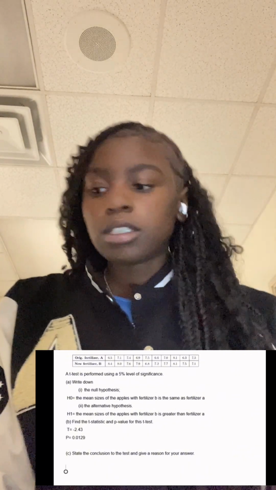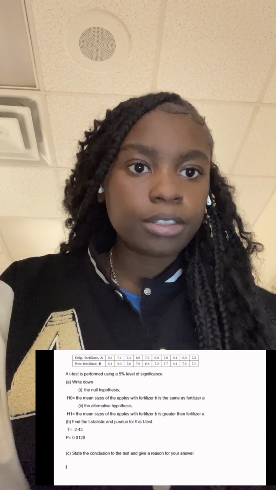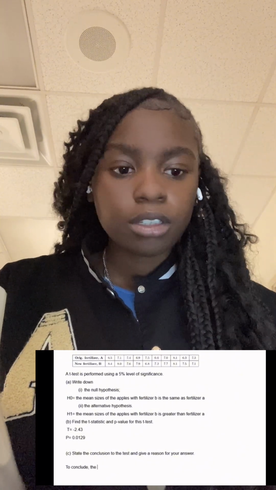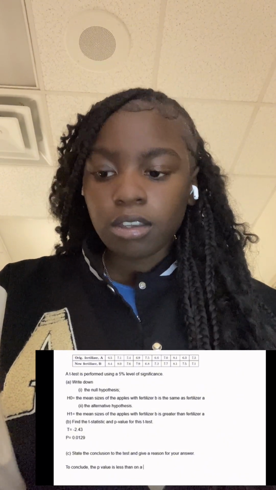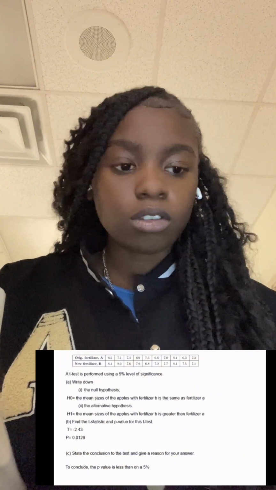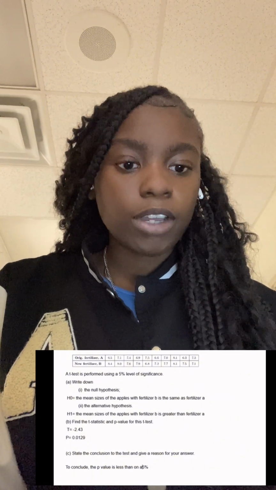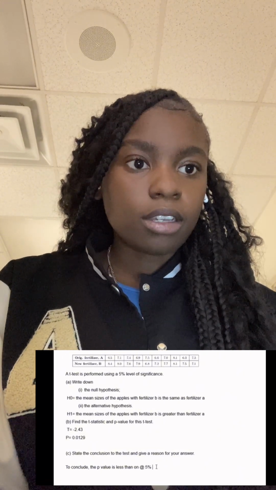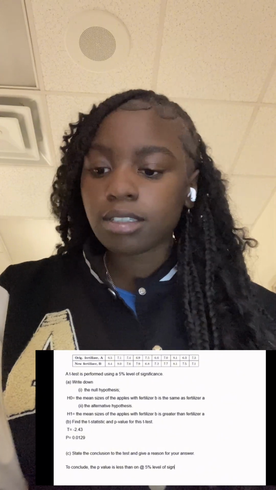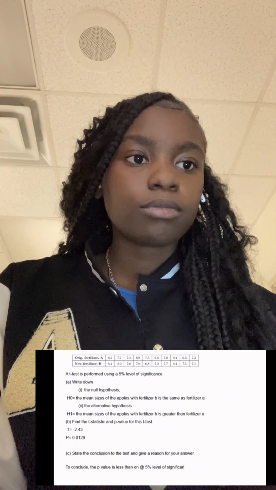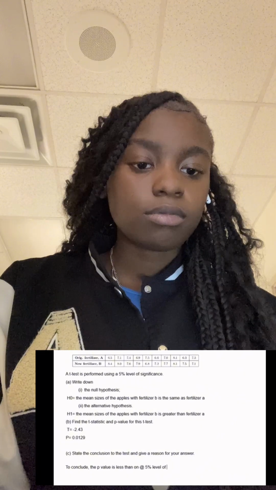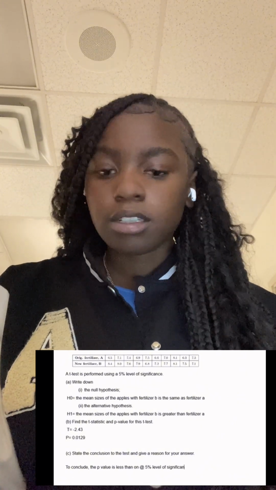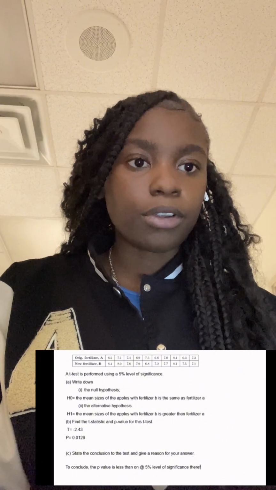Okay, so the conclusion to this test, we would put the p-value is less than alpha on a 5% level of significance. Therefore, we have enough evidence to reject H0 in favor of H1.